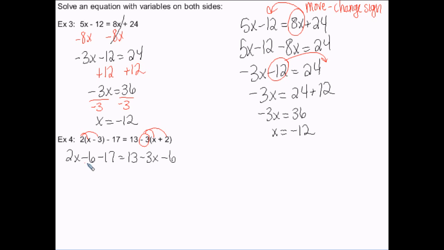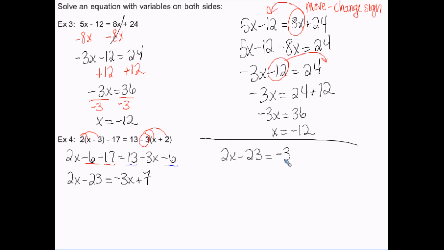Then we collect like terms. So I have 2x minus 23 is equal to -3x plus 7. At this point, we can use either method again. So I can either add 3x to both sides, or I can pick it up and move it.